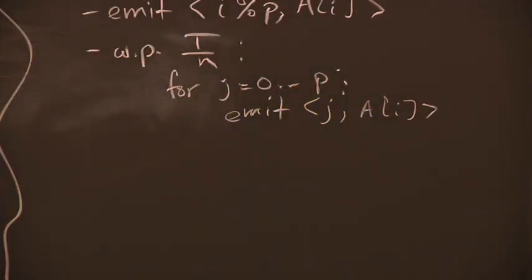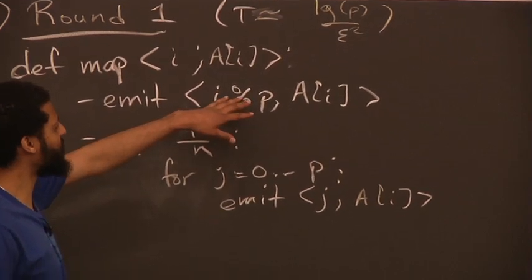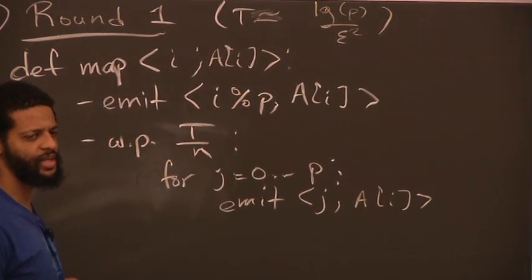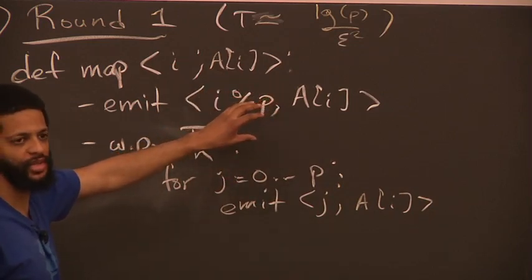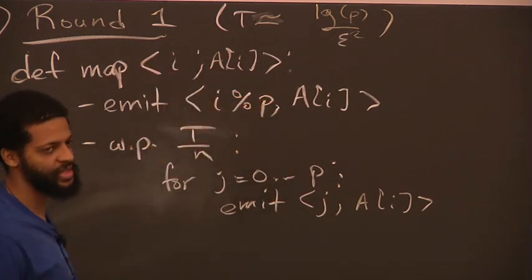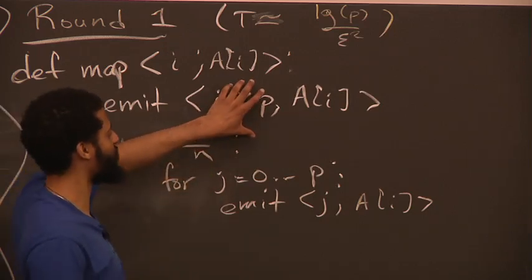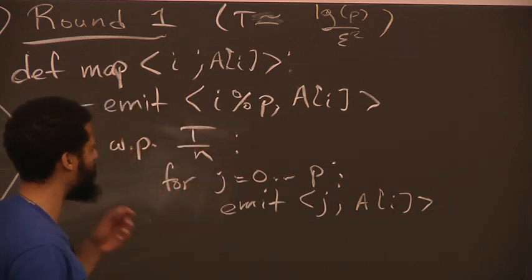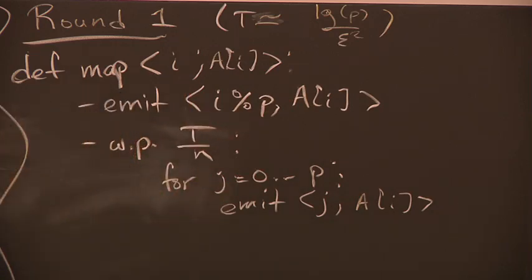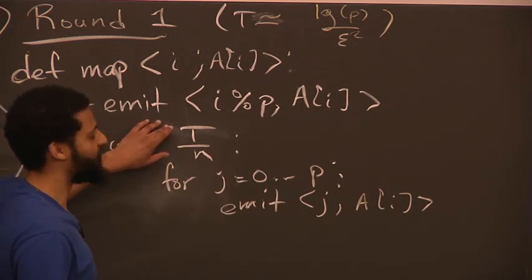So what's happening here? In our first round, after we do the map, we evenly partition the n elements into p groups of size n over p and send them. These are not sorted, remember. Because I did mod, it's not the first n over p elements, but just some group of n over p elements in the array, sent to machine 0, then the next n over p to machine 1, et cetera. They're not sorted. And then I'm also sampling elements from the input array.